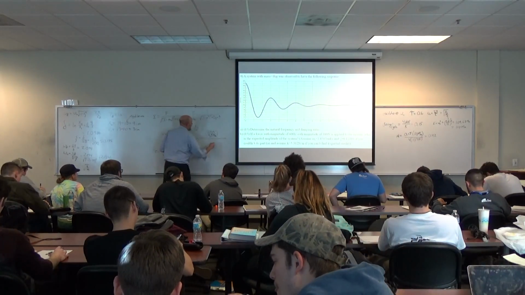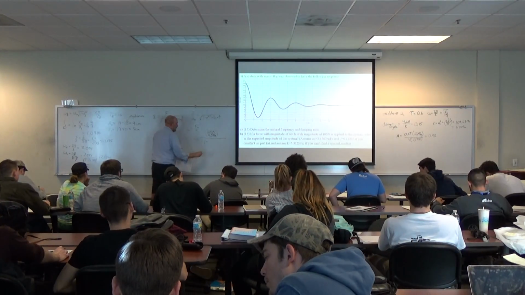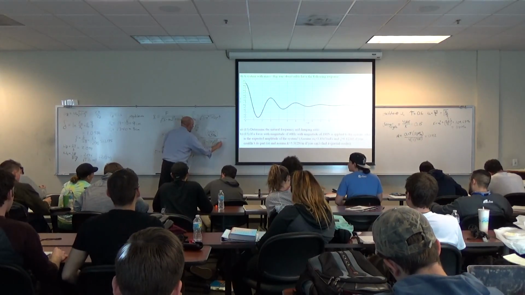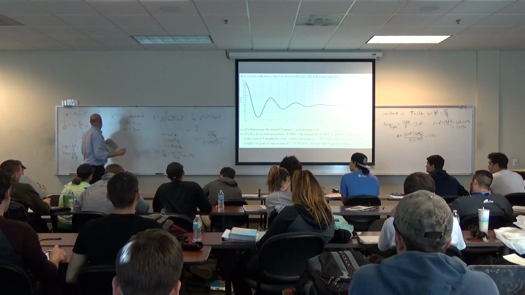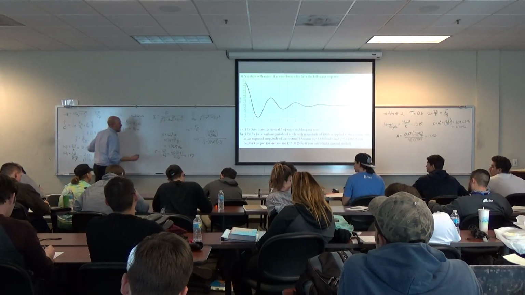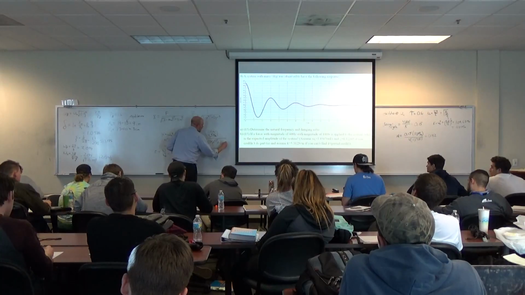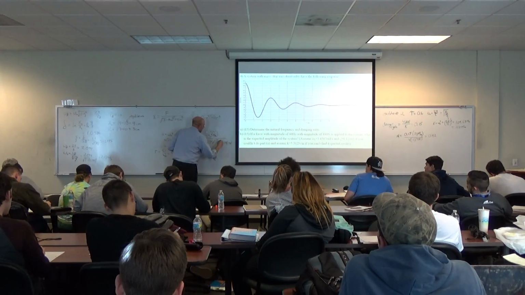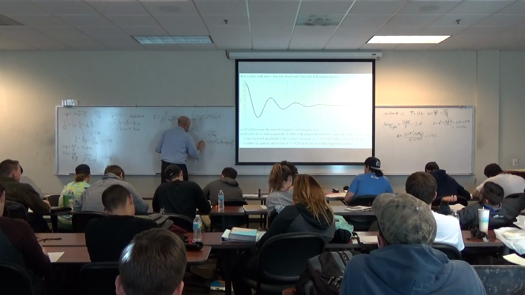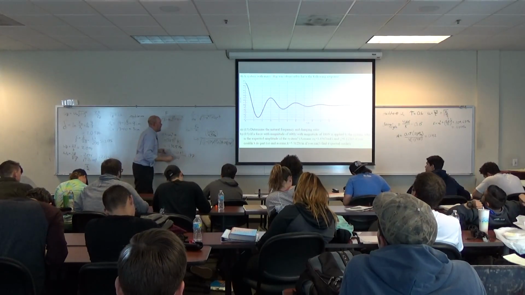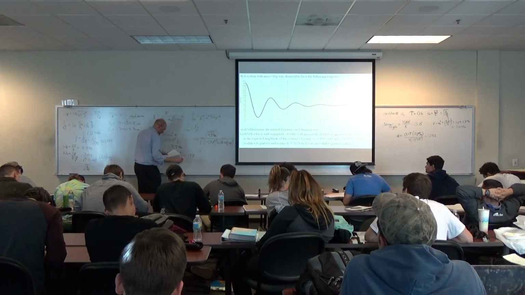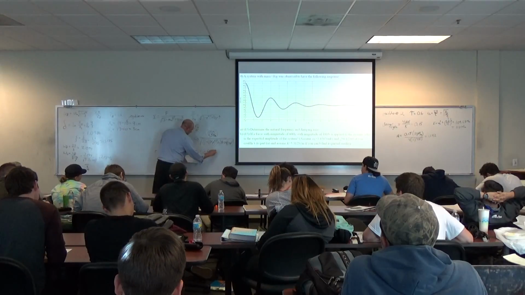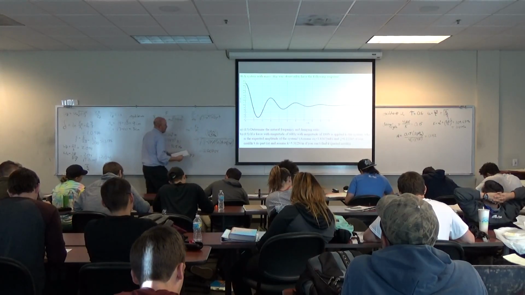So this is delta static over the square root of 1 minus 177 squared, plus 2 times our zeta, 0.175, times 177, squared. The square root is 0.00704.